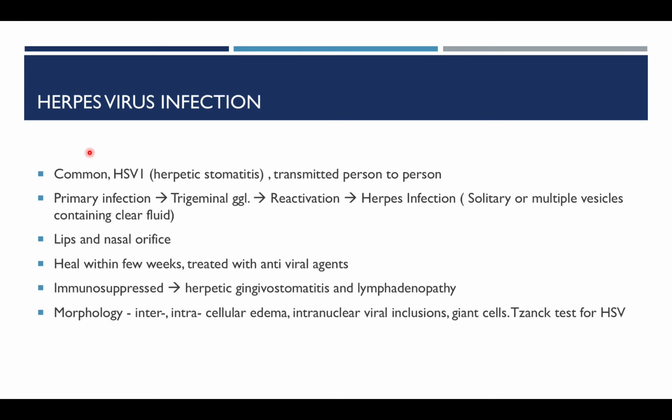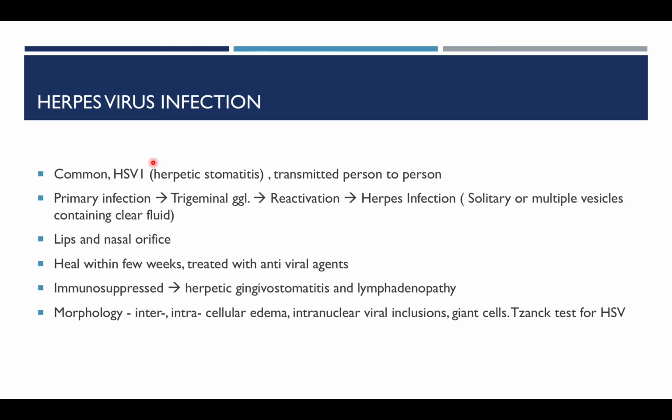So next we can talk about herpes virus infection. The herpes infection is extremely common and is caused by HSV1. When it affects the oral cavity, it is known as herpetic stomatitis, and it is transferred from person to person. In terms of primary infection, the patient remains mostly asymptomatic and does not show any signs or symptoms of herpes infection.